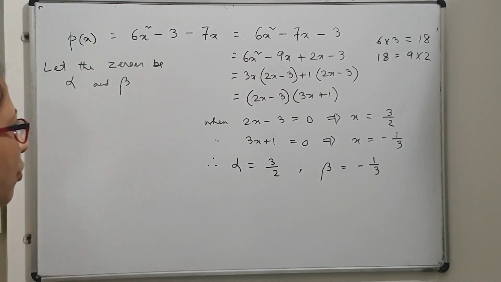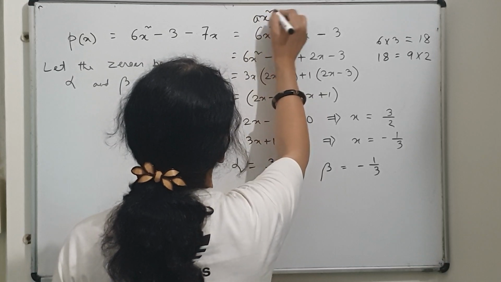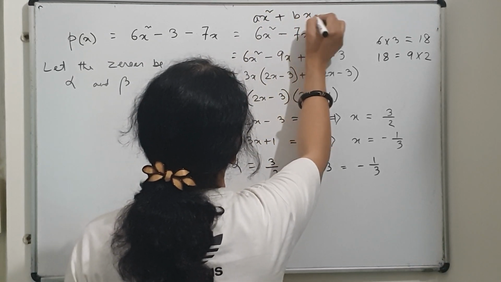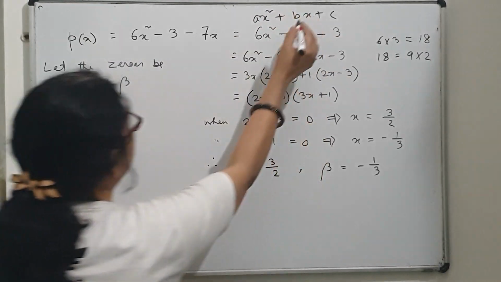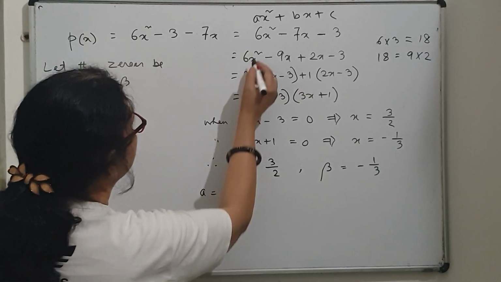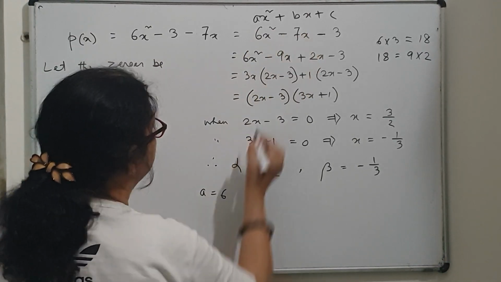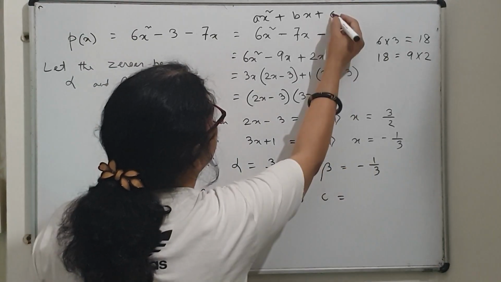Now I have to find the coefficients. Comparing the given polynomial with the standard one, ax square plus bx plus c, a is equal to 6, b is equal to minus 7 and c is equal to minus 3.